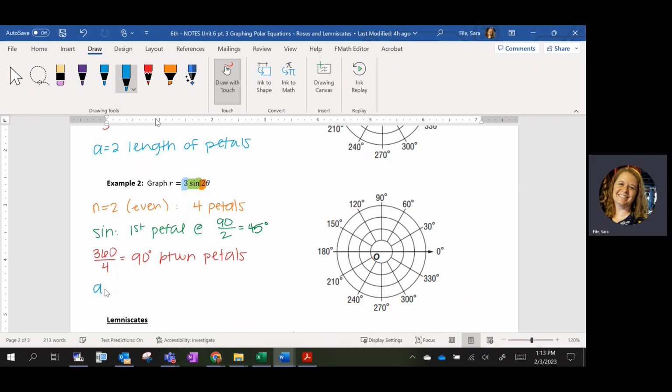All right, and then a is 3 here, and that is the length of the petals. So when I go to graph this, starting at the pole, I'm going to go out at 45 degrees. I'm going to go 3 units out.